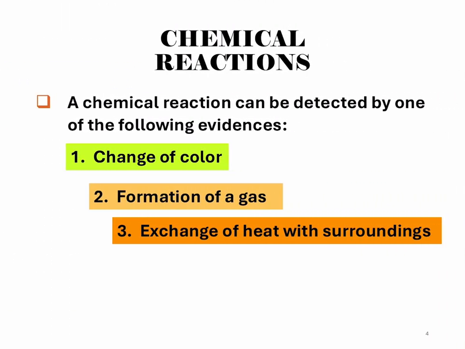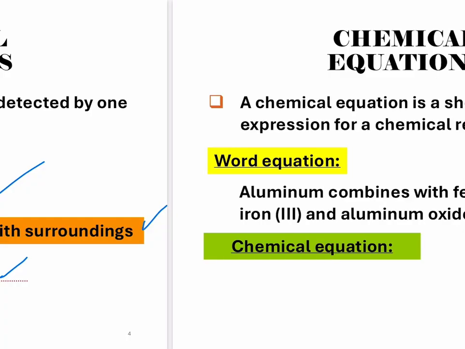Does the solution get cold or hot? So we have a change in color, formation of a gas, exchange of heat with surroundings. The only thing that we added to this was precipitation, which was the formation of a solid. All right, so these were all the indicators that a chemical reaction is going on. And usually all reactions are going to fall in one of these four categories.